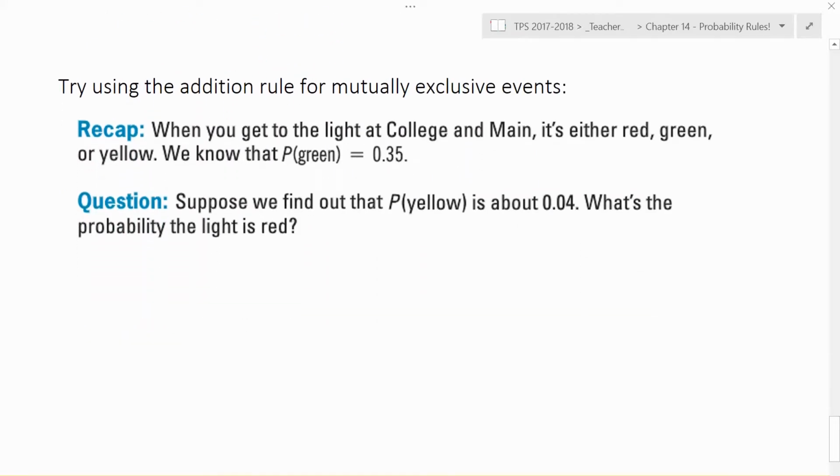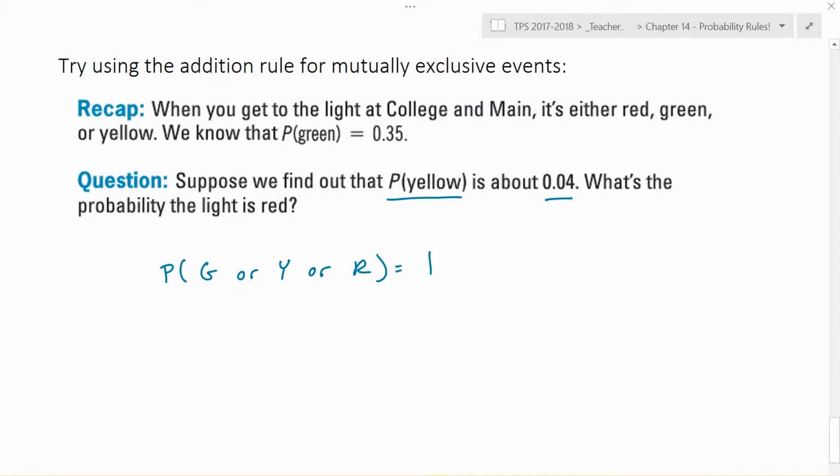Now let's try using the addition rule for mutually exclusive events. When you get to the light, we know that it's green about 35% of the time, and suppose we also find that the light is yellow about 4% of the time. We want to figure out the probability that the light is red. Notice that red is the only other possibility, and we know the probability of all outcomes, green or yellow or red, has to equal 1 because there are no other possibilities.